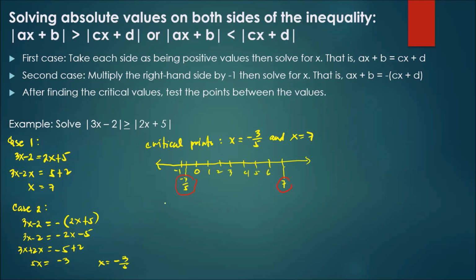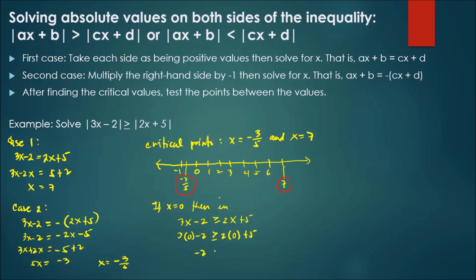Okay, suppose we choose 0. If x is 0, then let's use this: 3x minus 2 greater than or equal to 2x plus 5. We plug in x, so that's 3 times 0 minus 2 is greater than or equal to 2 times 0 plus 5.